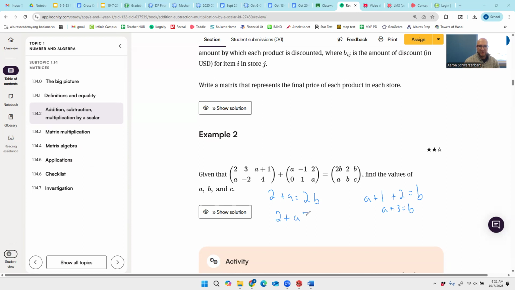I'm going to need to get C later too. Oh, C equals 4. Oh no, it equals 4 plus A. Okay.